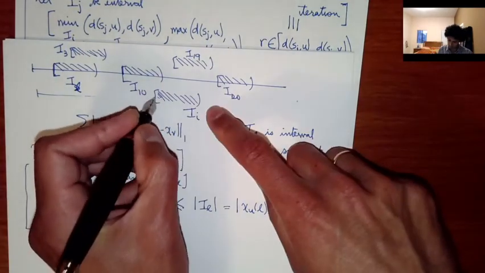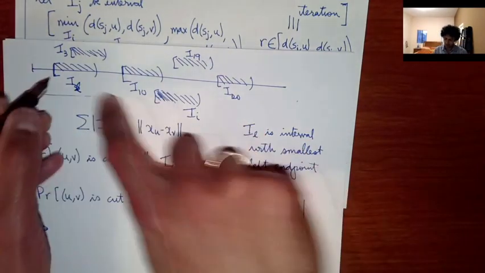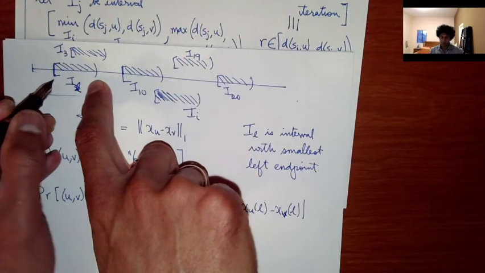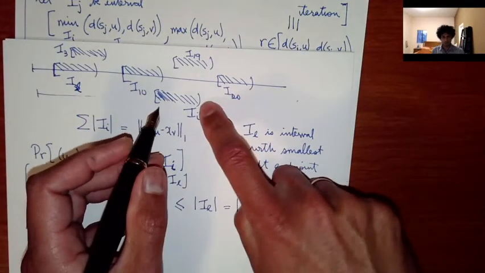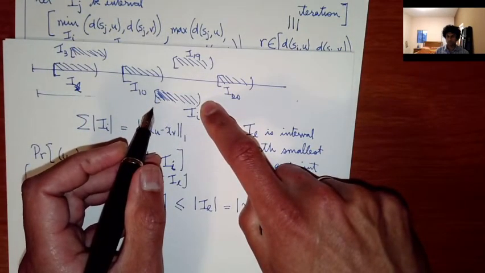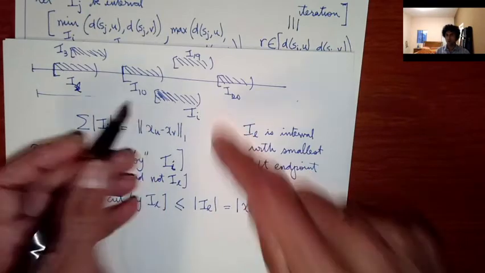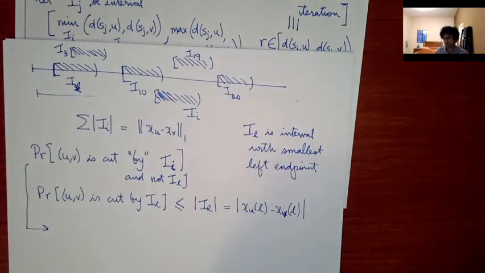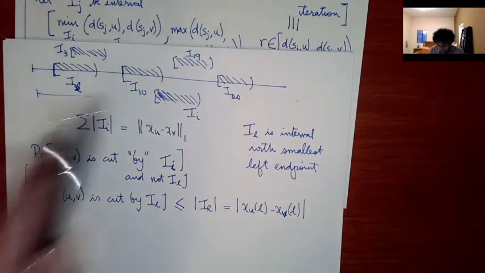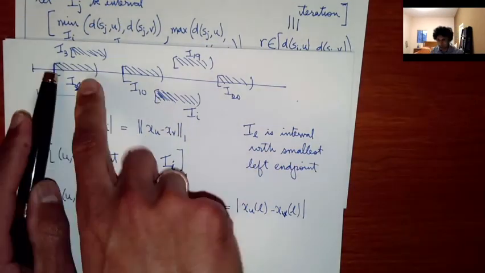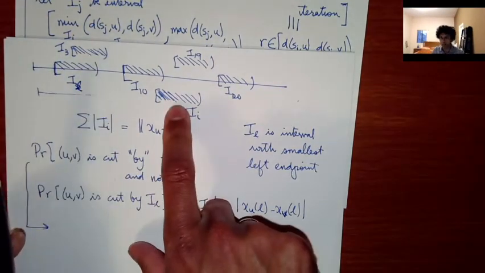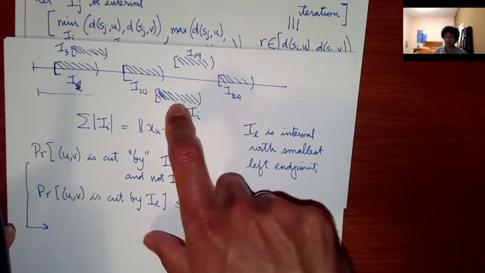What needs to happen? Here is I_i, here is I_L. To be cut by this interval, who needs to be processed first? I_i has to be processed first, because if I_L was processed first and R lay in here, then it's already captured.